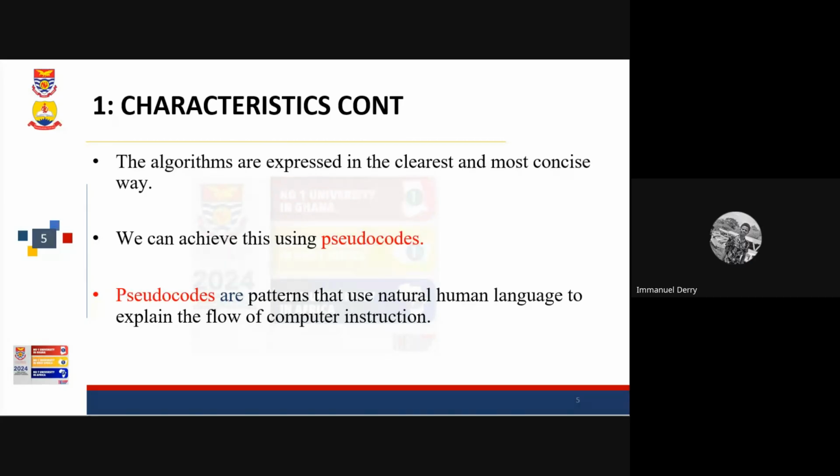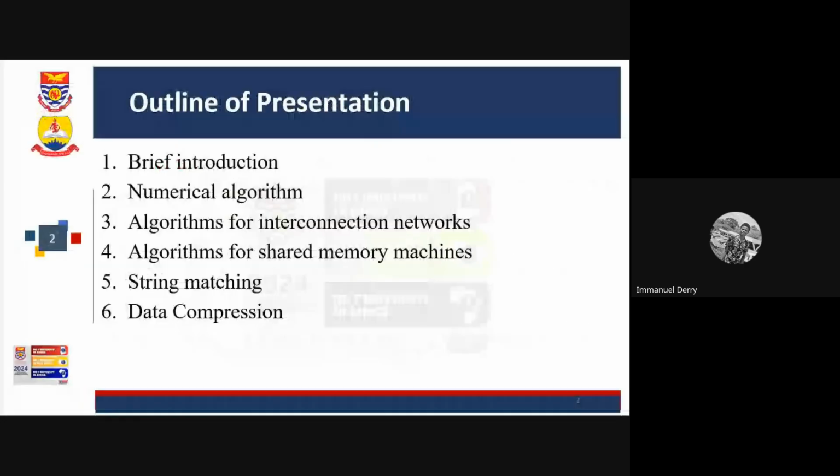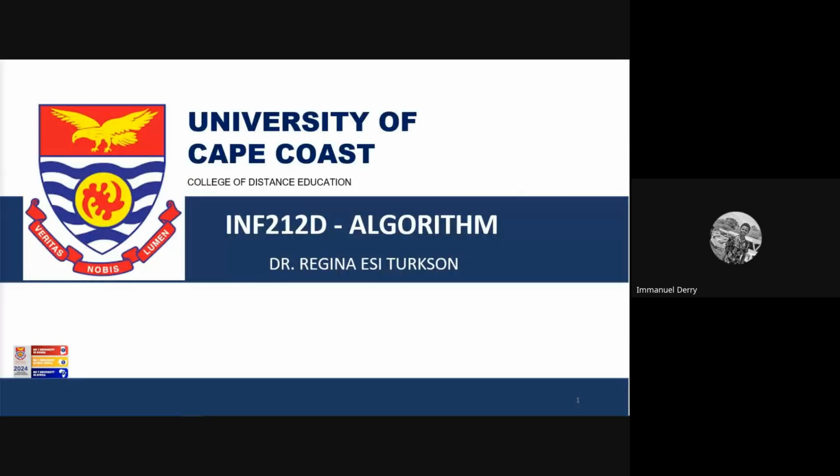Sir, kindly, this course is a little bit deep in computing, and therefore we have some who have not had any lessons in algorithms.